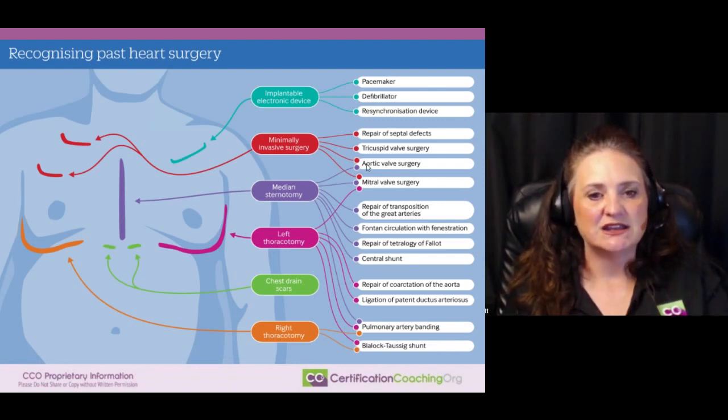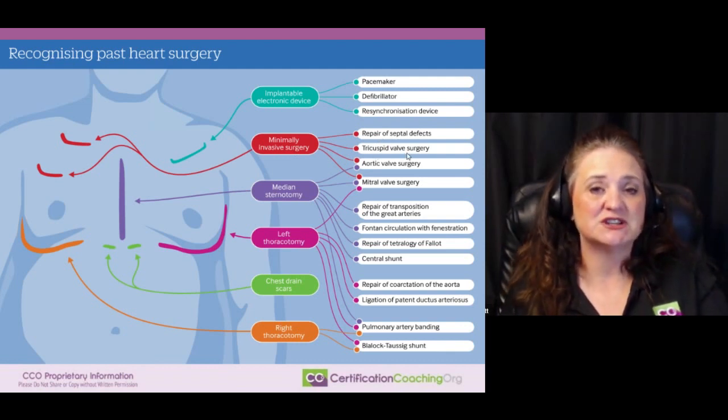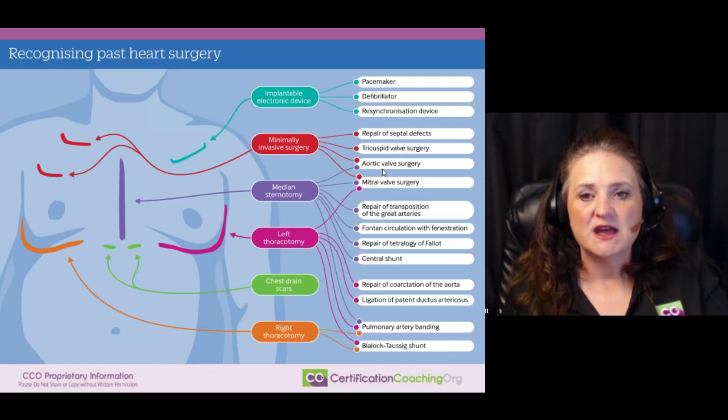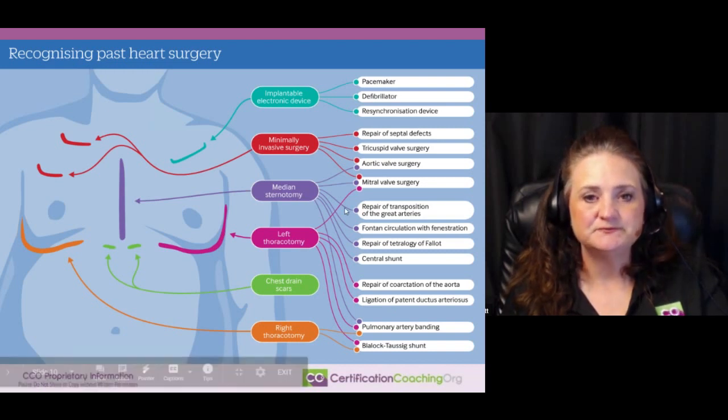So again, this could have happened as an infant, as a neonate, or as an adult. Let's look at the red ones. Minimally invasive surgery, repair of a septal defect, tricuspid valve surgery, because the tricuspid is on that side of the heart. It could be aortic valve, mitral valve that they possibly could have done.